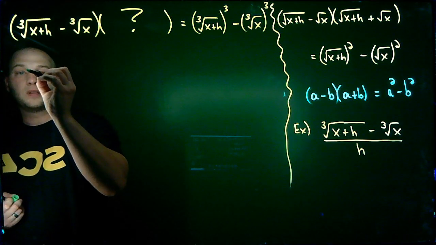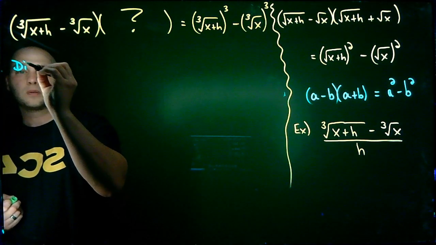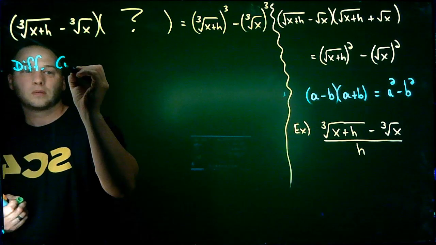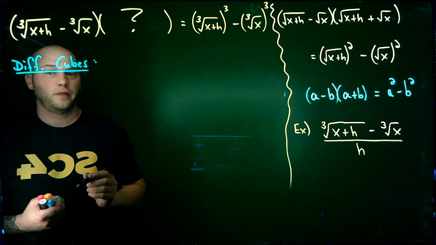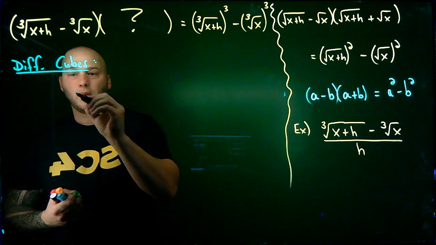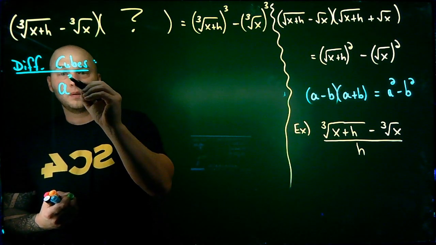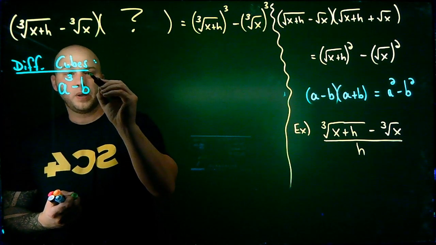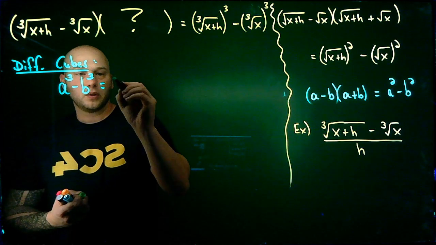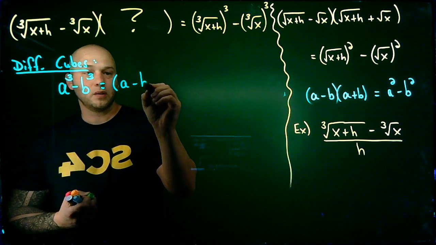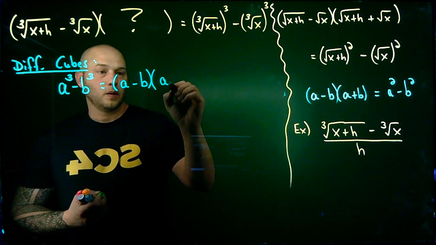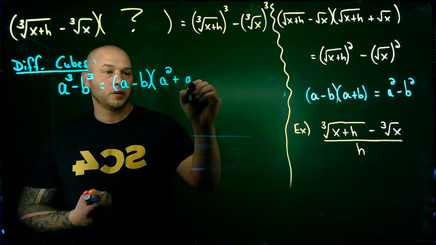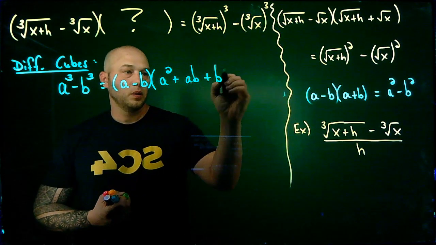If you remember the difference of cubes, it has the following factorization formula. A cubed minus b cubed is the difference of the bases multiplied by a squared plus ab plus b squared.